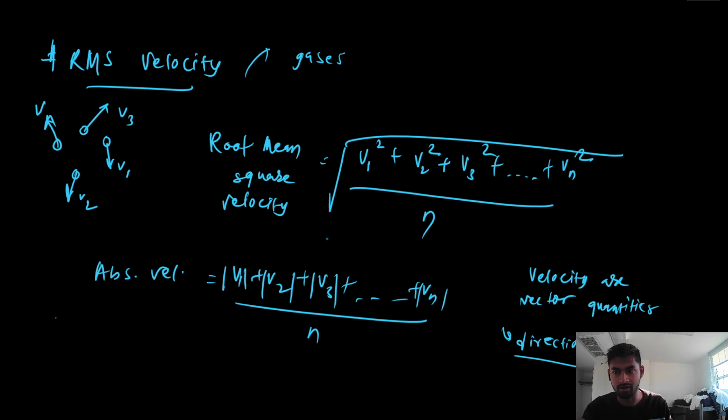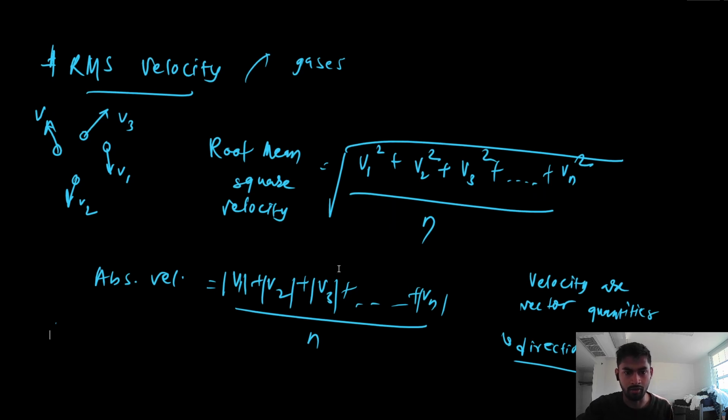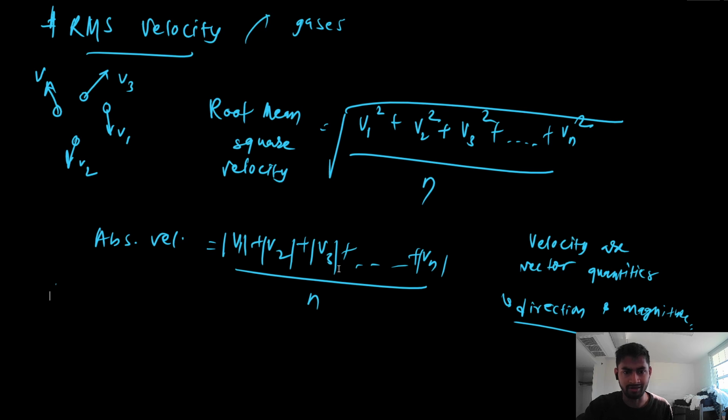I hope that makes sense of why we have root mean squared velocity so prominent in, say, statistics or physics or pretty much every other place wherever you see it. It was a bit of a detour, but that's the general idea of using it.